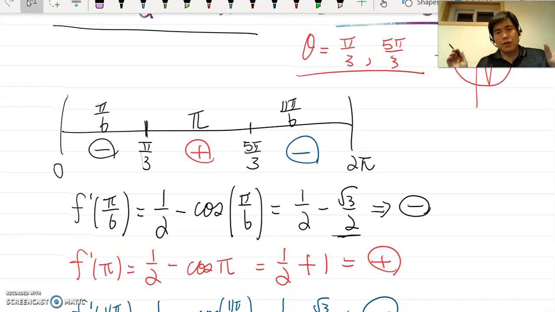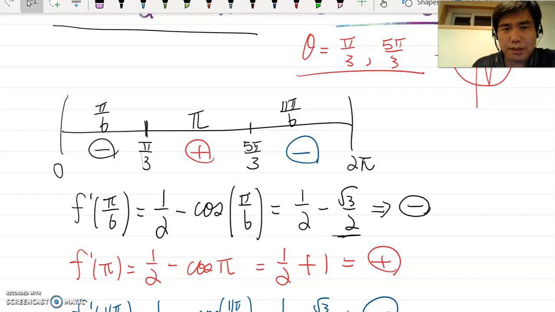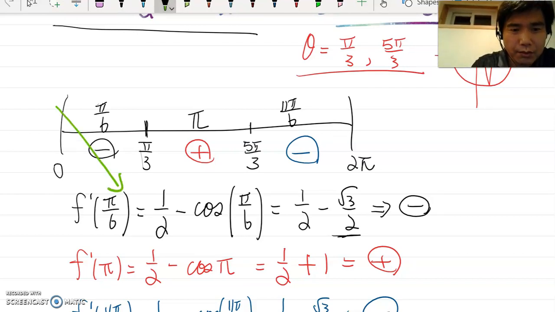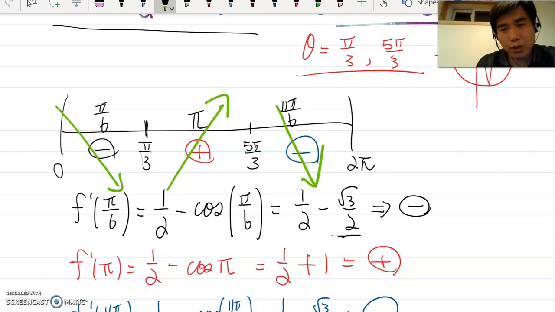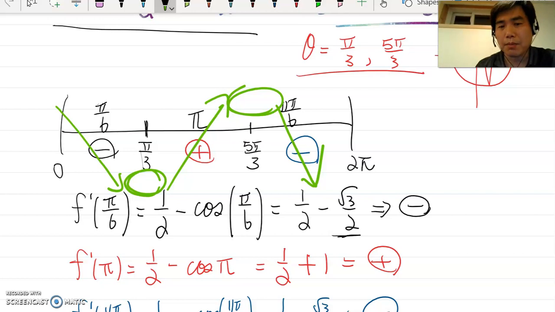Okay, so that's the hint. If you look at the theorem and got really confused, I recommend you just draw the slope, basically. Negative, so negative slope, positive, and negative here. So when you look at this, this point must be a minimum. This point must be a maximum, basically.